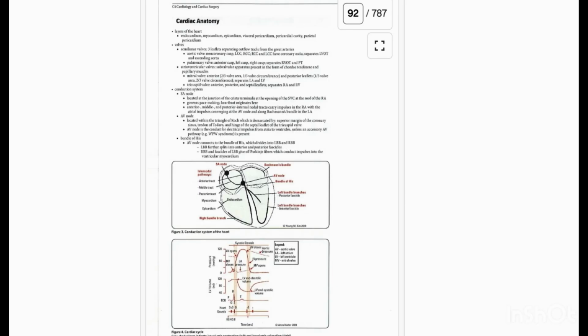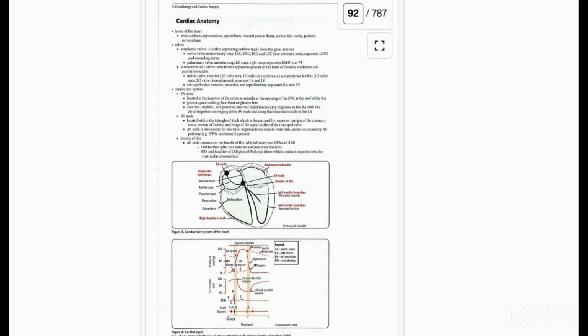of the tricuspid valve. The AV node serves as the crucial gated conduit for the electrical signals traveling from the atria to the ventricles, unless, of course, an abnormal accessory pathway like a bundle of Kent is present, as seen in Wolff-Parkinson-White syndrome. From the AV node, the signal passes into the bundle of His.